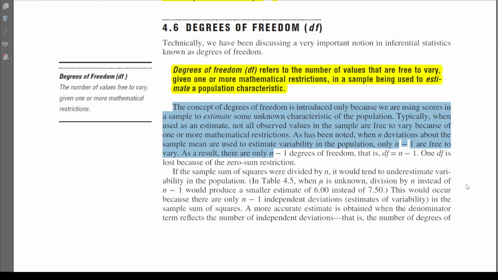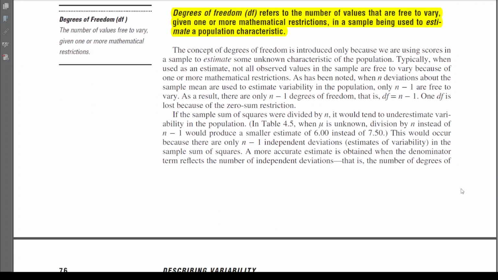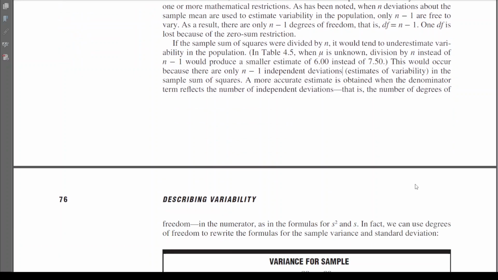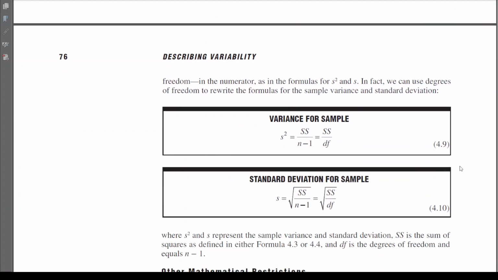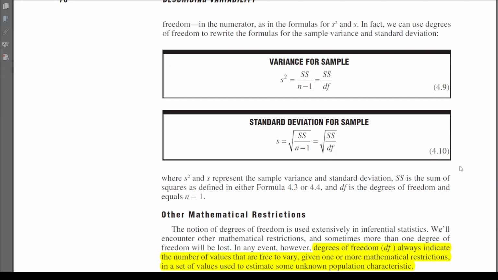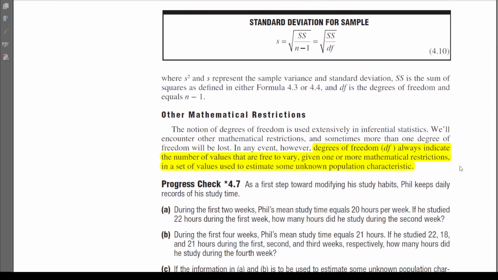If the sample sum of squares were divided by n, it would tend to underestimate variability in the population. This would occur because there are only n minus 1 independent deviations in the sample sum of squares. A more accurate estimate is obtained when the denominator term reflects the total number of independent deviations, that is, the number of degrees of freedom. So, here the degrees of freedom is n minus 1.